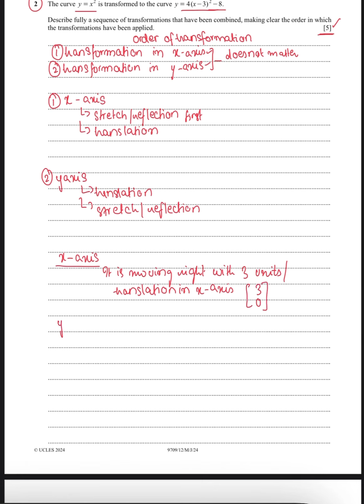And then let's move on to y-axis. Now, as I told you, we would go on with translations first. So we will write this one first. It will say translation in x-axis, or you could say it's moving left with 8 units.